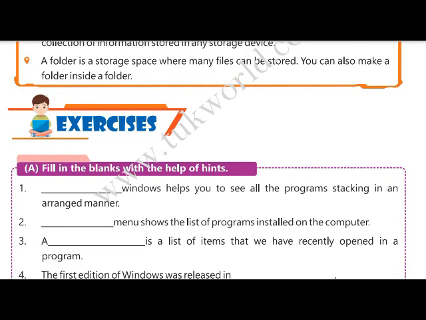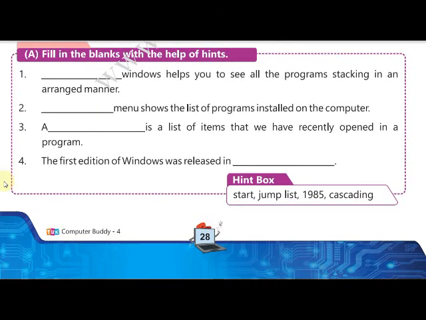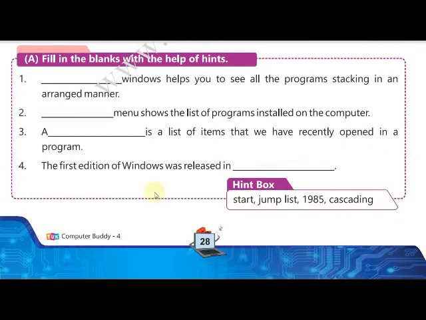So over this session, also over this lesson, you have to solve the lesson exercise below. The first question is fill in the blanks. You have to take the help of the options in the hint box to finish the fill in the blanks.